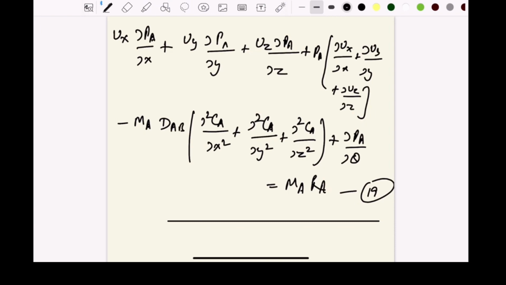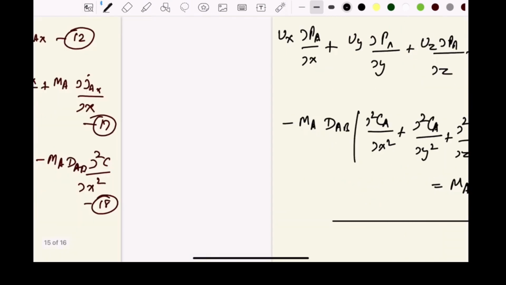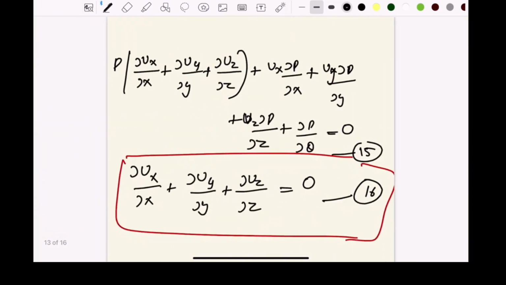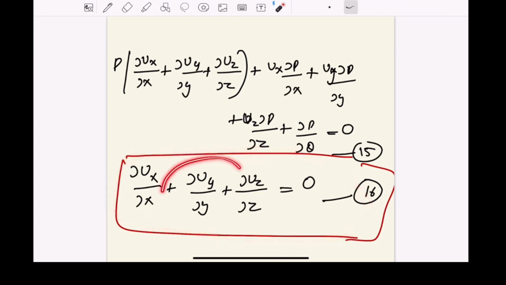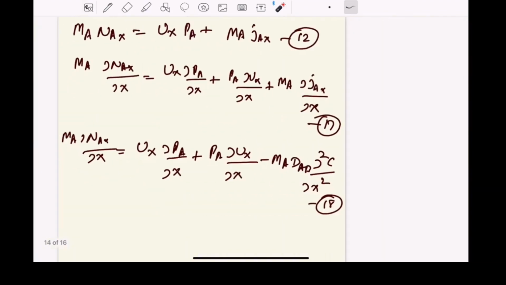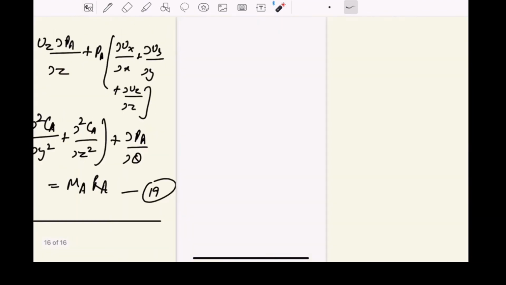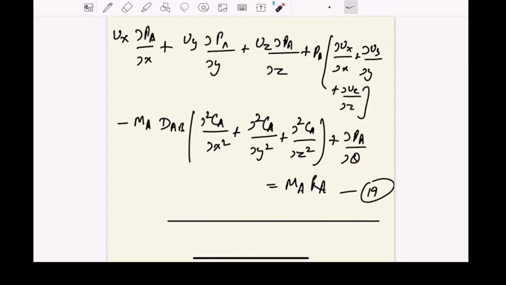if a solution is of constant density, we have just derived that for a solution of constant density, ∂ux/∂x plus ∂uy/∂y plus ∂uz/∂z is equal to 0. So we will use this equation number 16 in equation number 19 and this becomes 0. So it will vanish and we get the equation.